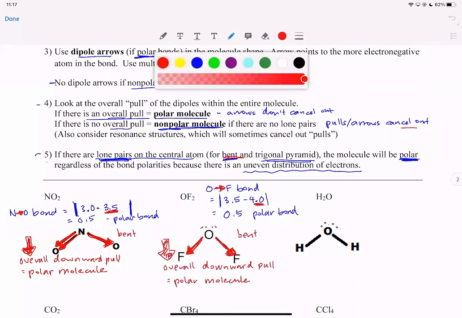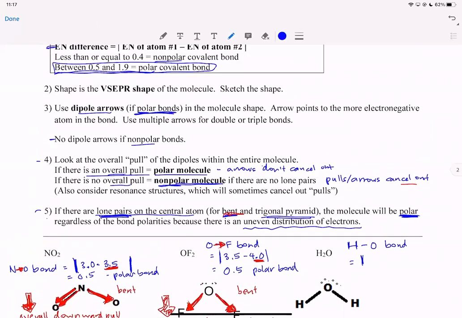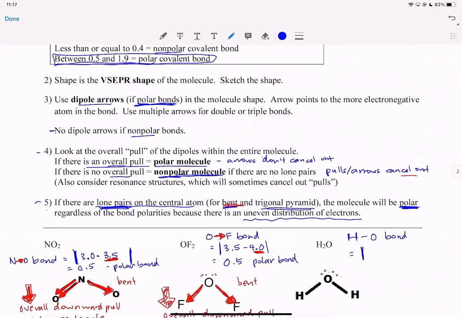Okay, so this is the H2O molecule. So this is the hydrogen-oxygen bond, and you need the bond polarity calculation. So you need the values for hydrogen and oxygen. Hydrogen is 2.1 and oxygen is 3.5. So this is the absolute value of 2.1 minus 3.5, which will give you 1.4.